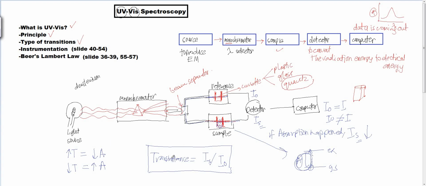Okay, here I want to make sure that you really understand this part.